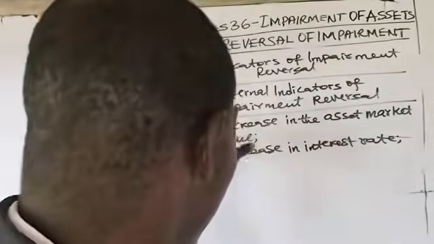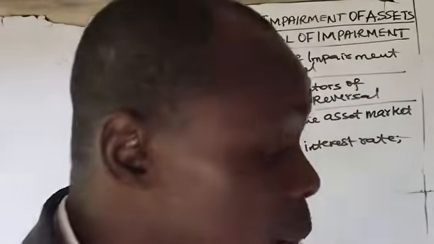Number 3 condition, we are looking at external indicators of impairment reversal.